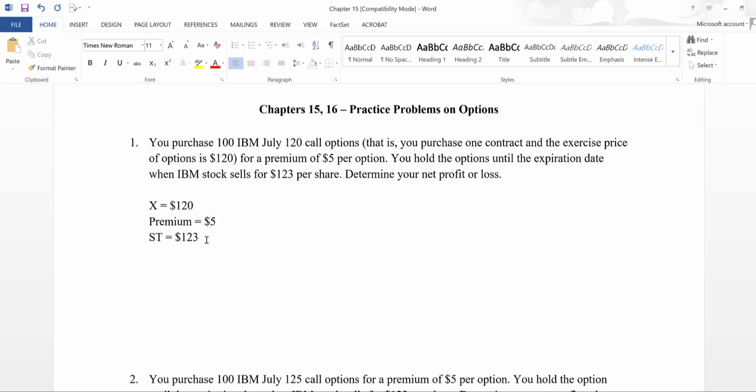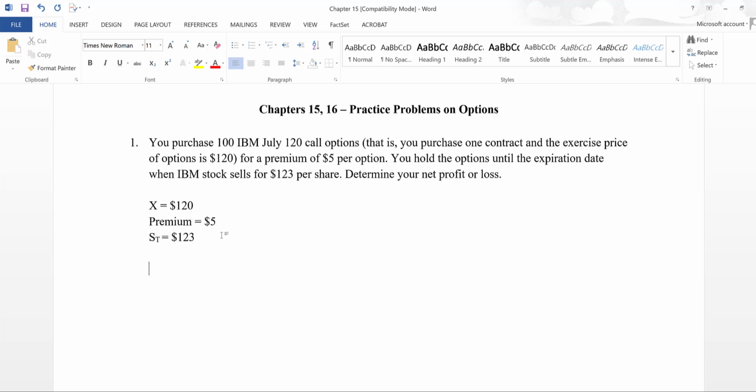So the first thing to ask here is, if this option is in the money, would you consider exercising this option at expiration? Again, a call option gives you the right to buy at the exercise price. So you have the right to buy the IBM share at 120, and then you can sell it for 123. So you will have a positive payoff.